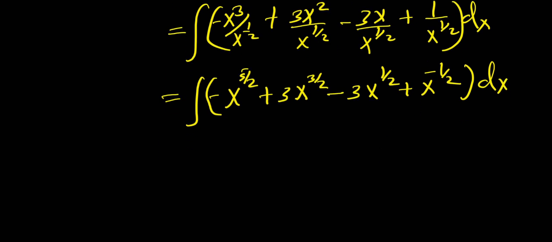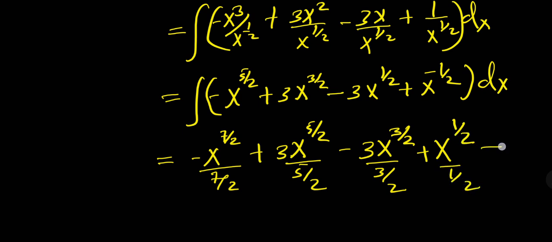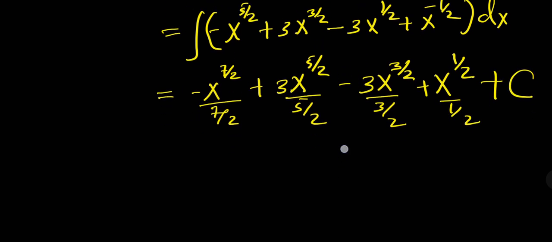Now you can use the general formula of integration. For the first one, you have minus x, 5 over 2 plus 1, so that will be 7 over 2, over 7 over 2, plus 3x, 3 over 2 plus 1, that will be 5 over 2, over 5 over 2, minus 3x, a half plus 1, that will be 3 over 2, over 3 over 2, plus x, negative a half plus 1, that is a half over a half, then plus c.